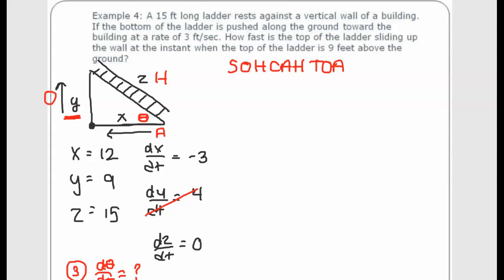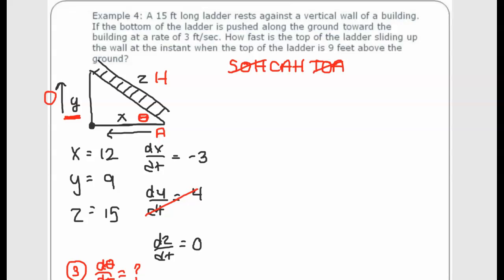So I personally am going to pick the trig function that doesn't use opposite, because we found dy/dt. And what if we found it wrong? Now you're going to do a whole other part of the problem with a wrong answer. So since I found dy/dt, I'm not using it for my problem.